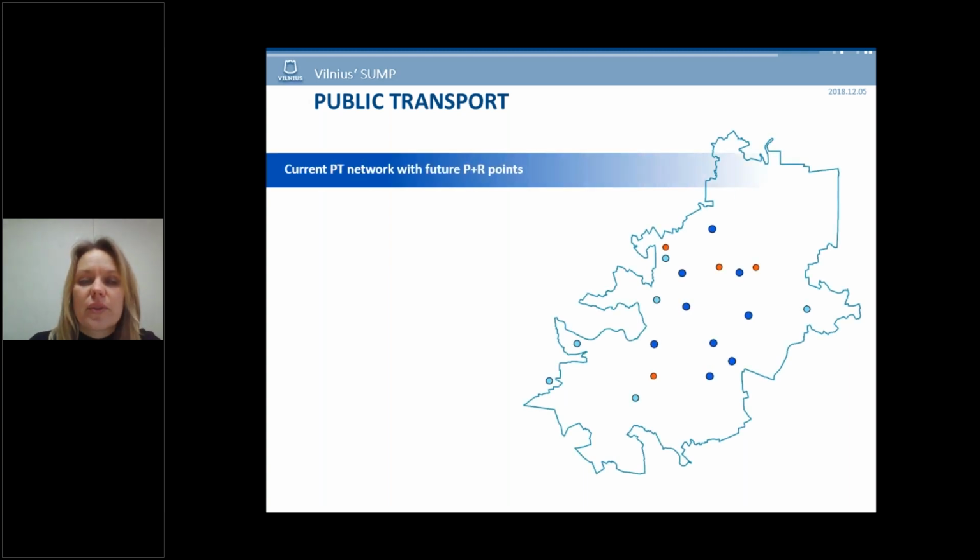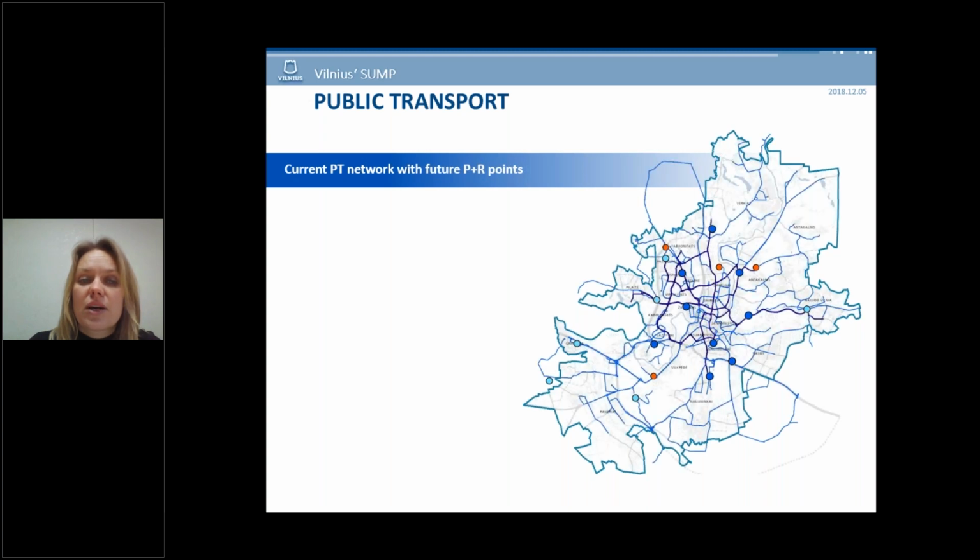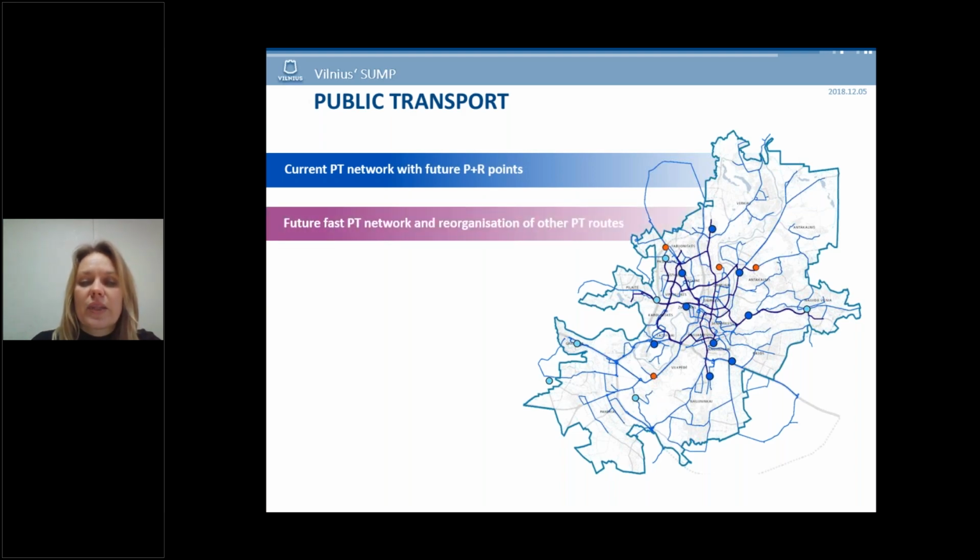So the main routes of public transport are connected with future public park and ride or multimodality points. We also have lines for fast public transport. When I say fast, I don't really mean bus rapid transit, but a smaller version of it, which we have already. For the regular or bigger buses, we don't have a physically separated lane, but we have priority, we have fewer bus stops, and we are fast and effective.